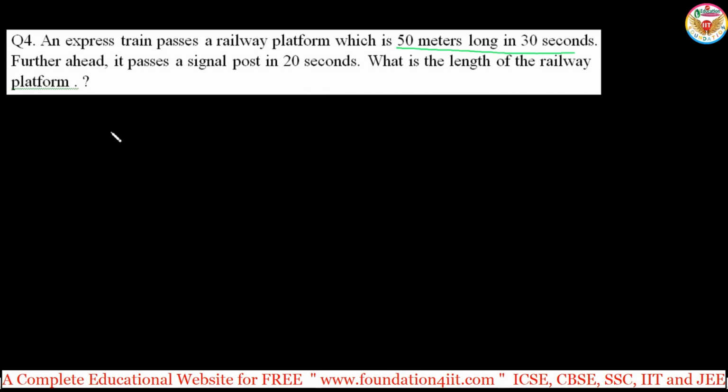So I'll give you directly. This type is also not traditional. If you want to find out the length of the train, the question asked is the length of the railway platform, but actually it is the length of the train. The length of the platform is the length of the pole and this train length, no?